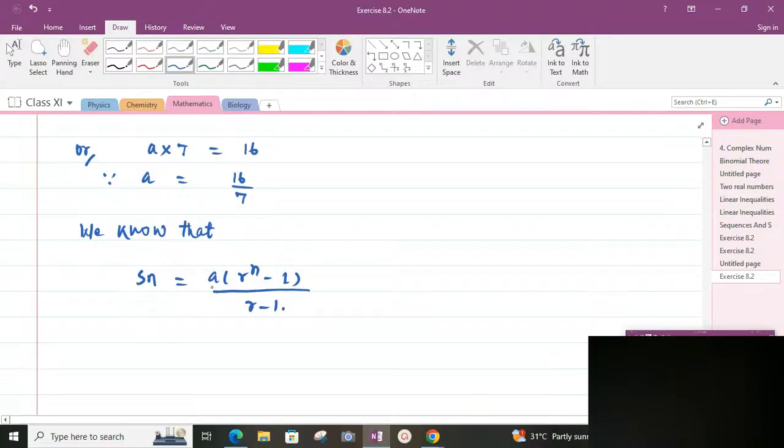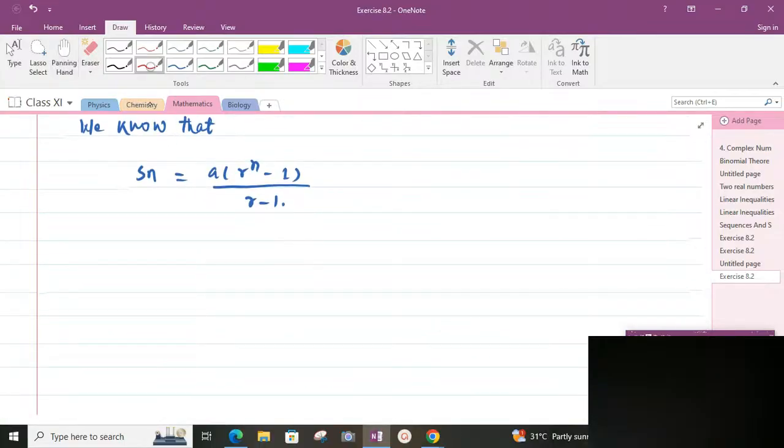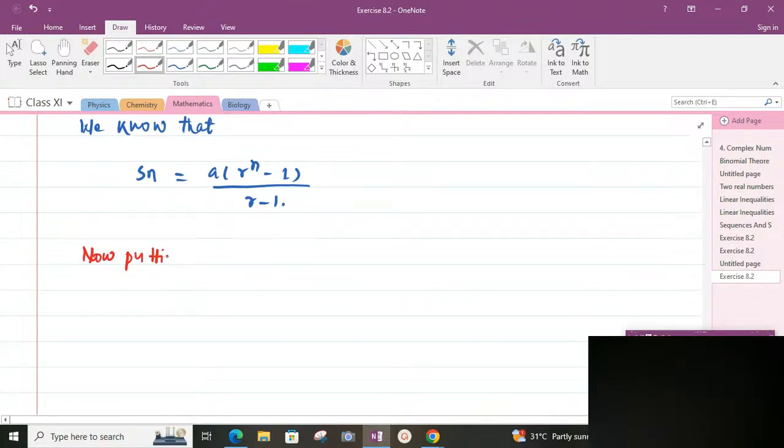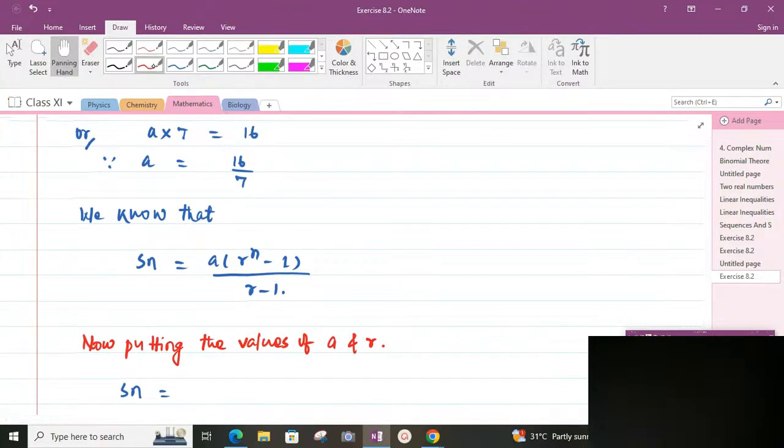Now putting the values of a and r, then here will be Sn equal to, the value of a is, see here, 16 by 7.